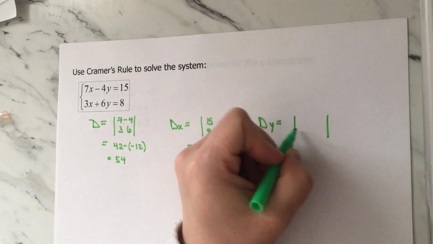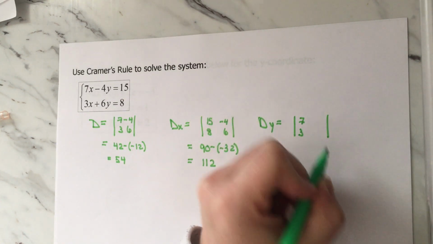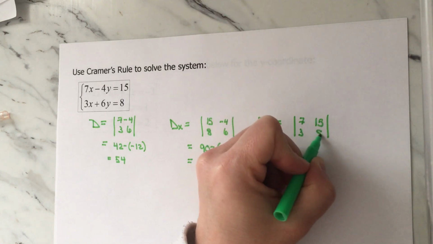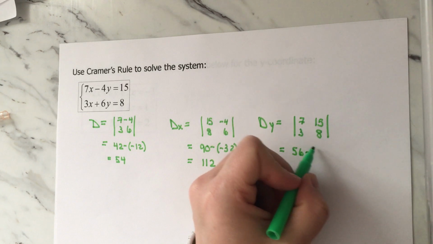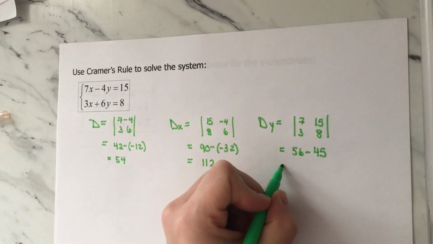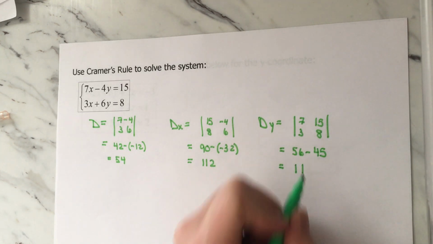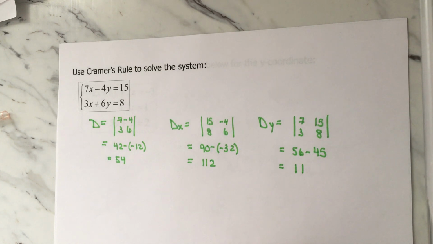Make my new matrix where I leave the x coefficients alone, but I change the y's. All right, got my 3 values. Once I have those, I'm just double checking.